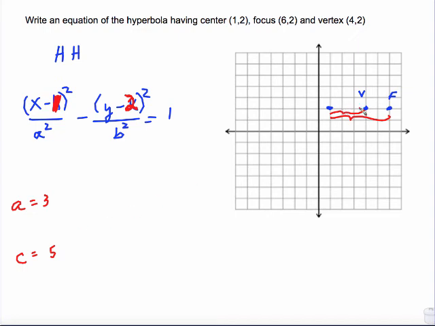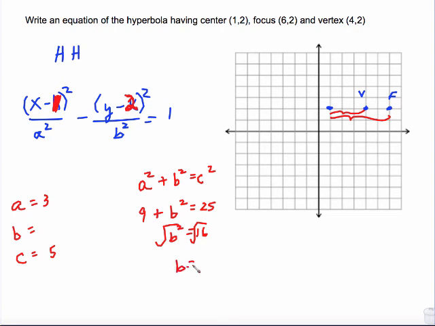There's no way from this information right here to get B, but I do have a formula. The formula says for the hyperbola, a squared plus b squared equals c squared. So all I have to do is fill in 3 for A. I don't know B. Fill in 5 for C and solve. Subtract 9 from both sides is 16. Take the square root, and that means B is 4.